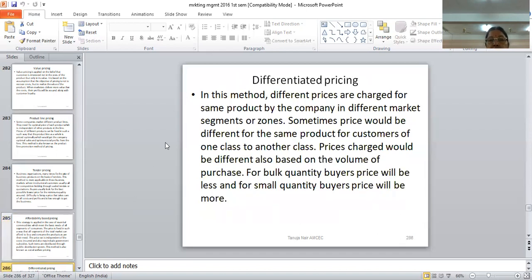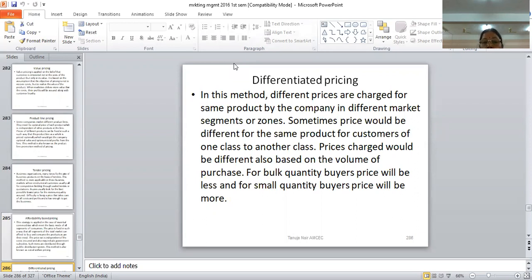Then differentiated pricing. Differentiated pricing means the company will use the same product, but for different markets, they will charge different prices. This is to attract different classes of customers.